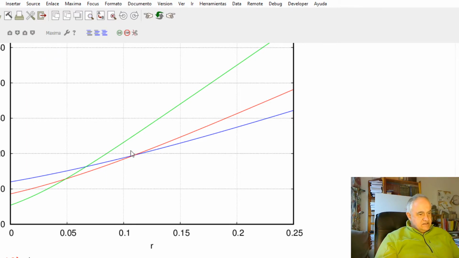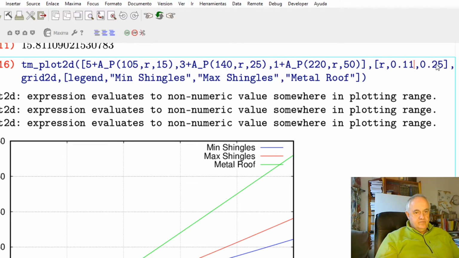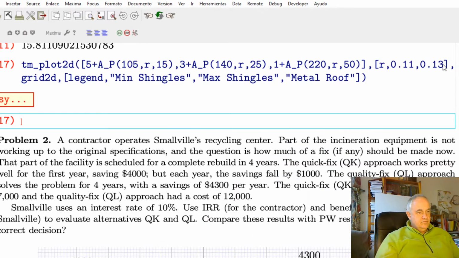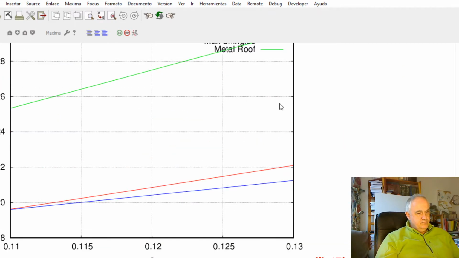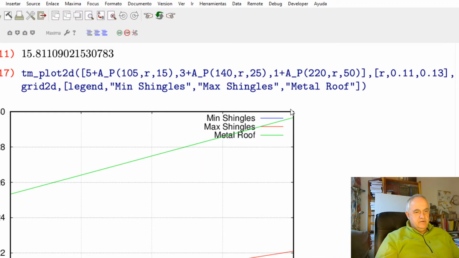And somewhere between 11, oh, just below 11.